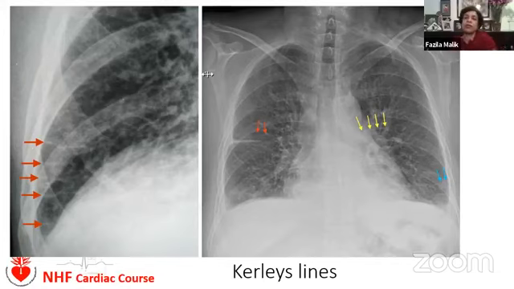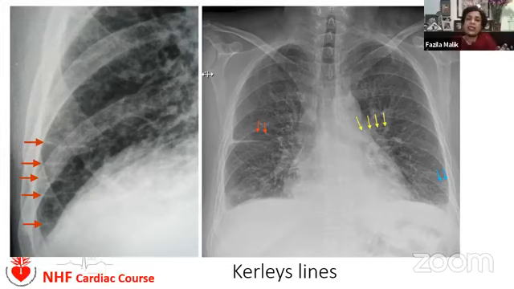We already talked about cephalization of the blood vessels. One important thing is these lines will disappear after 4 to 6 centimeters. Another thing, these will never branch, whereas the blood vessels, we said, have the stag antler sign. So the blood vessels, as they go up, will also branch. This is how you differentiate between a Kerley A line and the upper lobe diversion of the blood vessels.